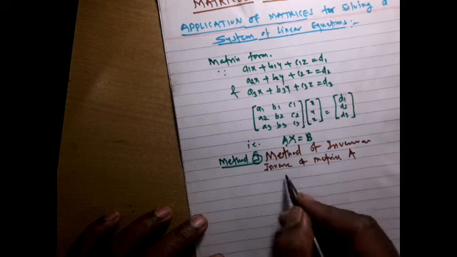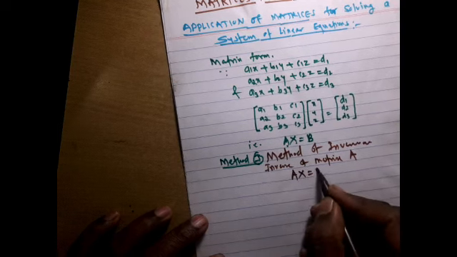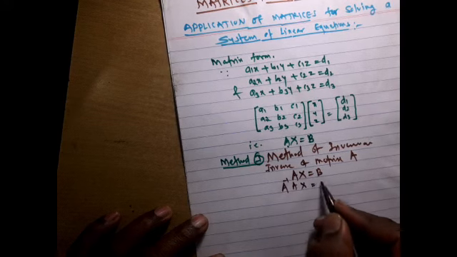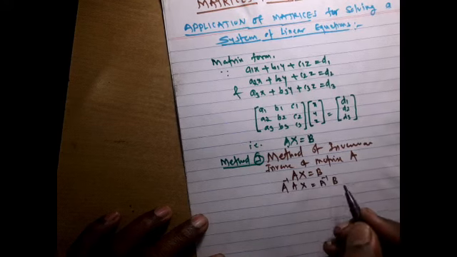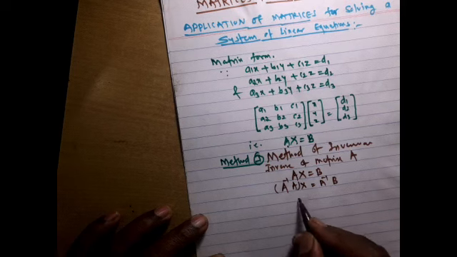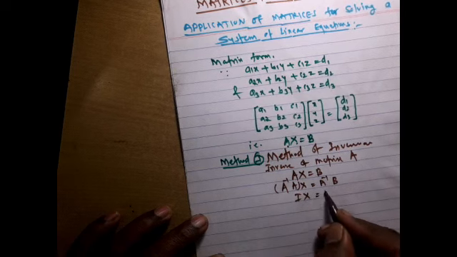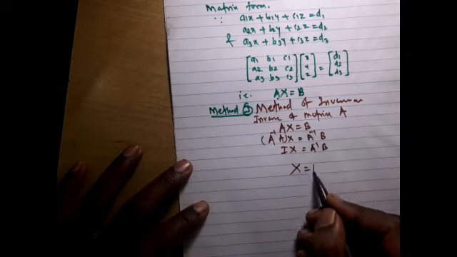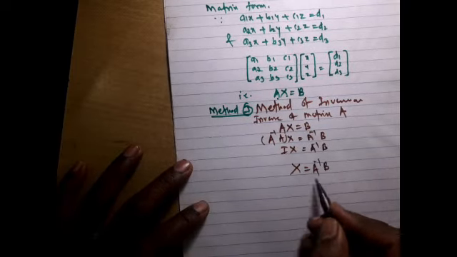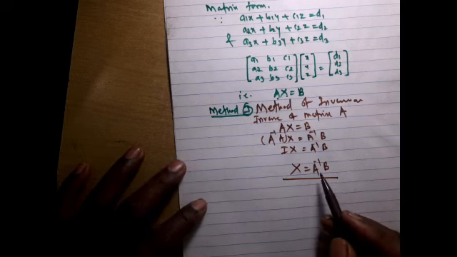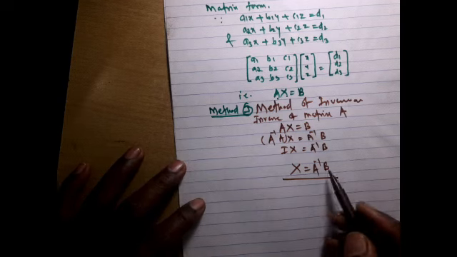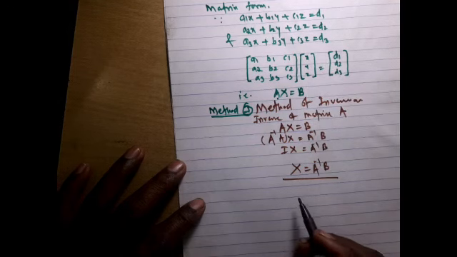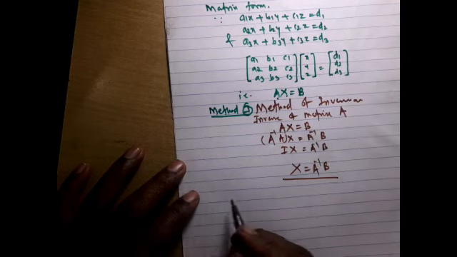Then this is the given equation, AX is equal to B, multiply by A inverse on both the sides, and you know that A inverse into A is I, so IX is equal to A inverse B, as I is identity matrix, so X is equal to A inverse B, and after multiplication of A inverse and B, you will get the values of x, y and z, and this is the solution set.